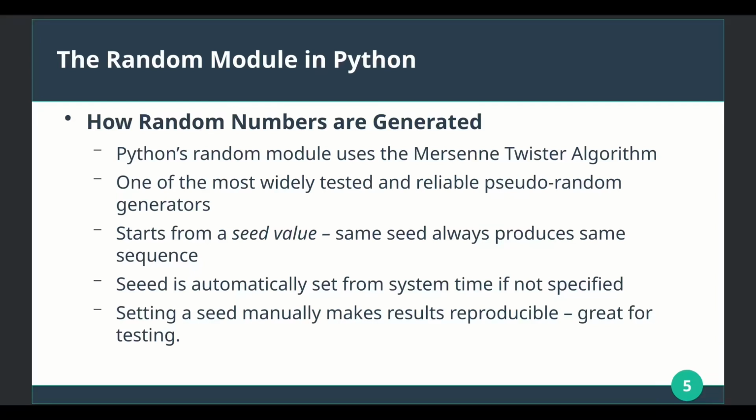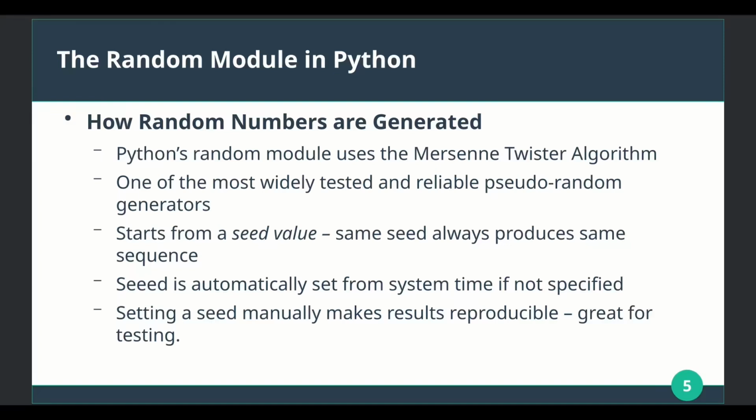But the seed is automatically set from system time, because most people actually use this random function without knowing how it is generated. So your system time is used as a seed. Because the system time changes, your random numbers change over time.